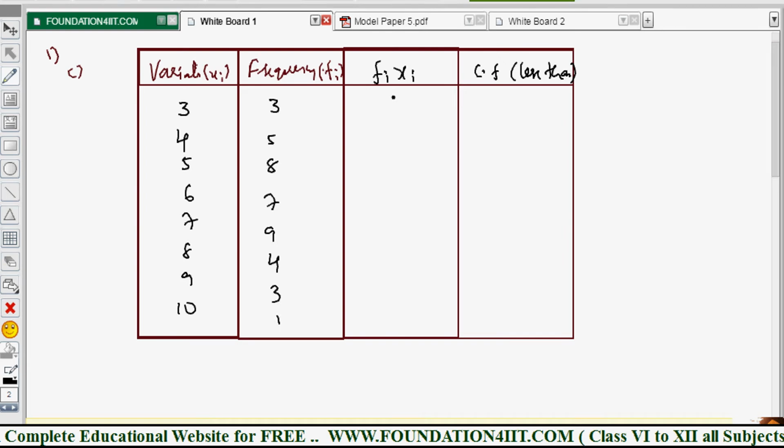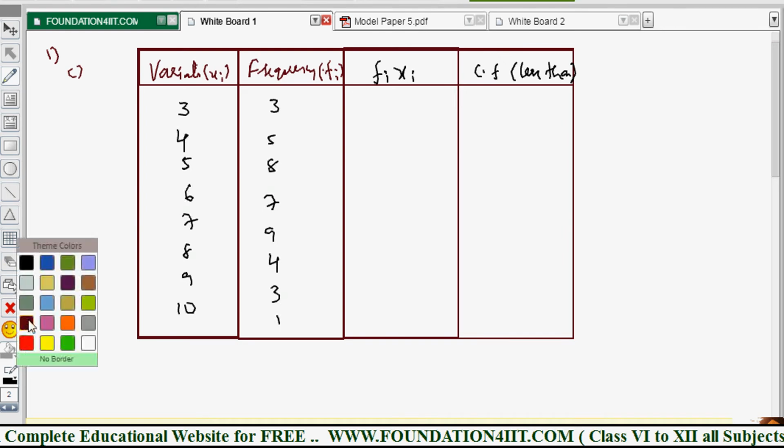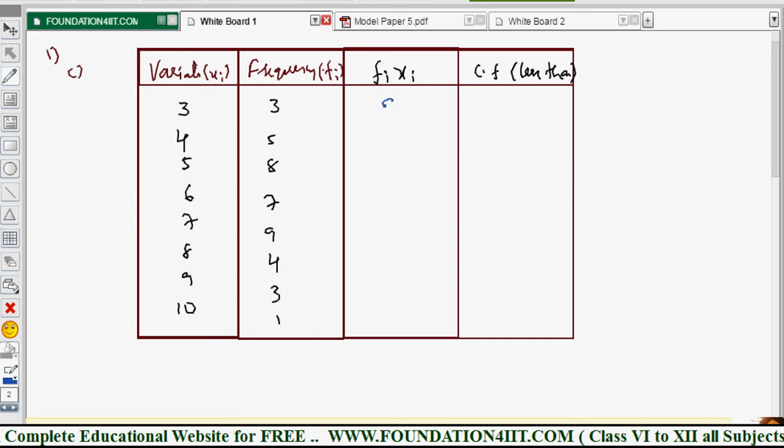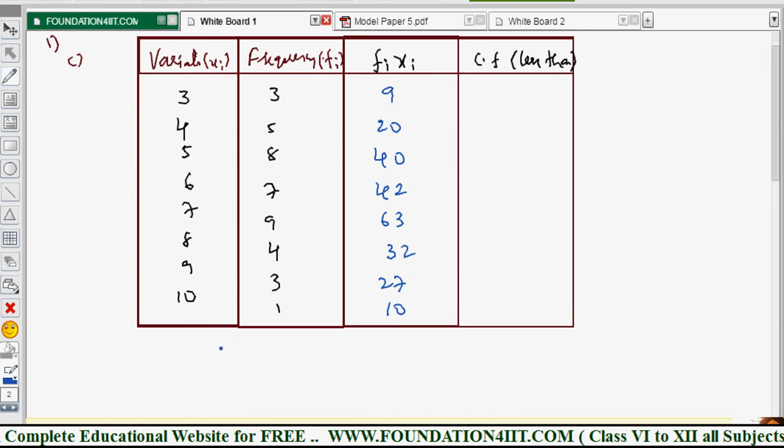And fi xi, we multiply both. 3 into 3 is 9, 4 into 5 is 20, and 40, 42, 63, 4 into 8 is 32, 9 into 3 is 27, 10 into 1 is 10. And n is equal to sigma fi. If you add this total, that is equal to 40.